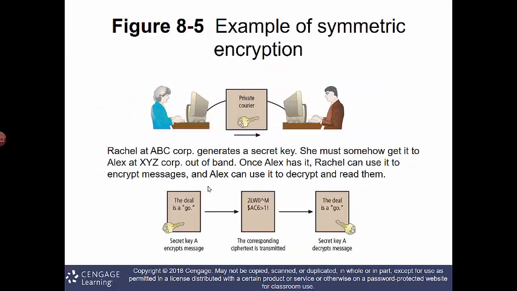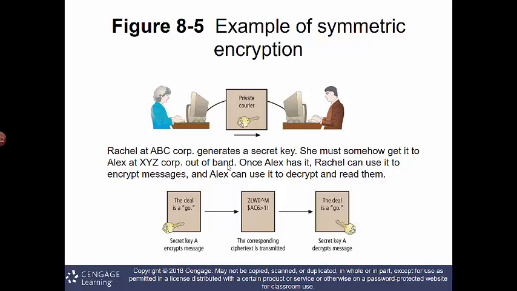Now here's an example. So on the left we have Rachel at ABC Corporation, and she creates a secret key. She must somehow get it to Alex at a different company out of band, which means not via the same circuit or same transmission path that they're going to send messages on.